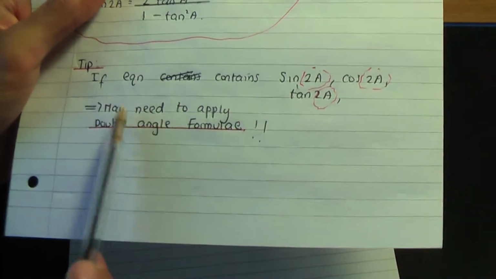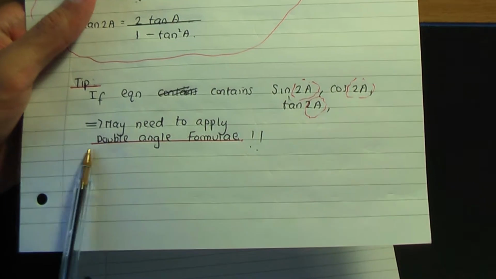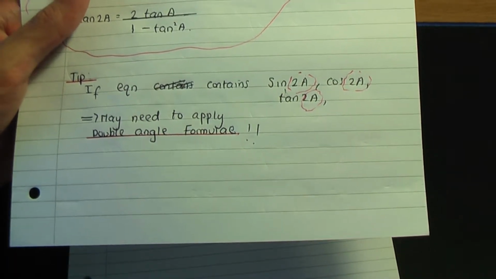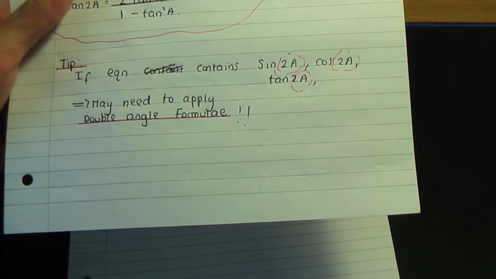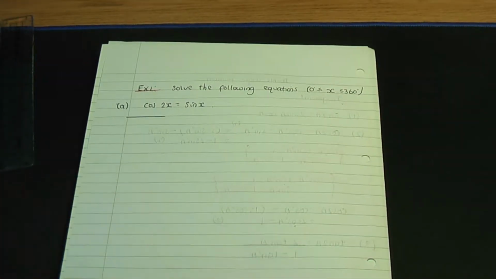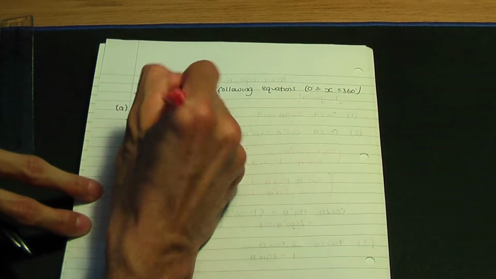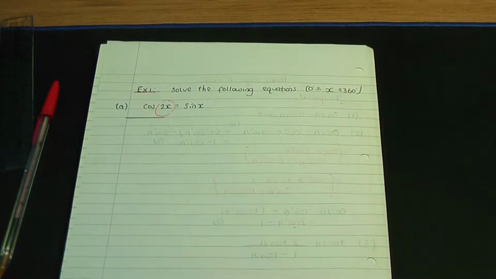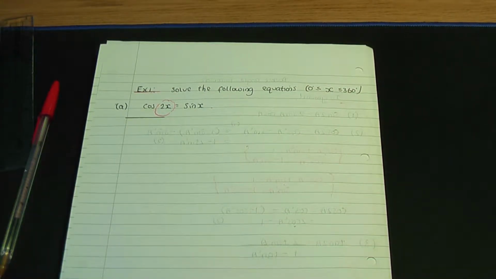So remember my tip, if your equation contains 2 of an angle, you may need to use the double angle formulae to help you solve that equation. If I look at my equation in question, I have a 2x, so let me highlight that in red. I'm going to be using one of the double angle formulae versions for cos 2x.